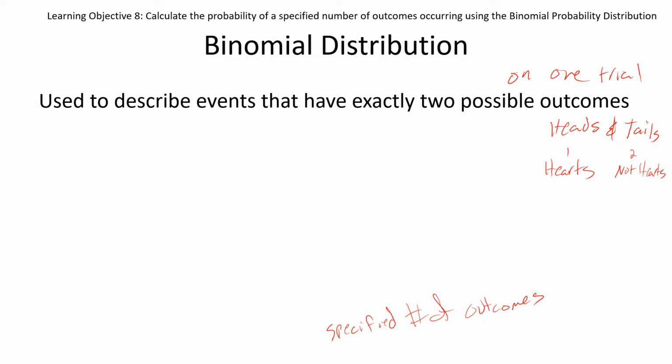So it's a specified number of successes on a given number of draws. On a given number of trials, that's a better way to say it. So it's a specified number of outcomes or successes on a given number of trials.